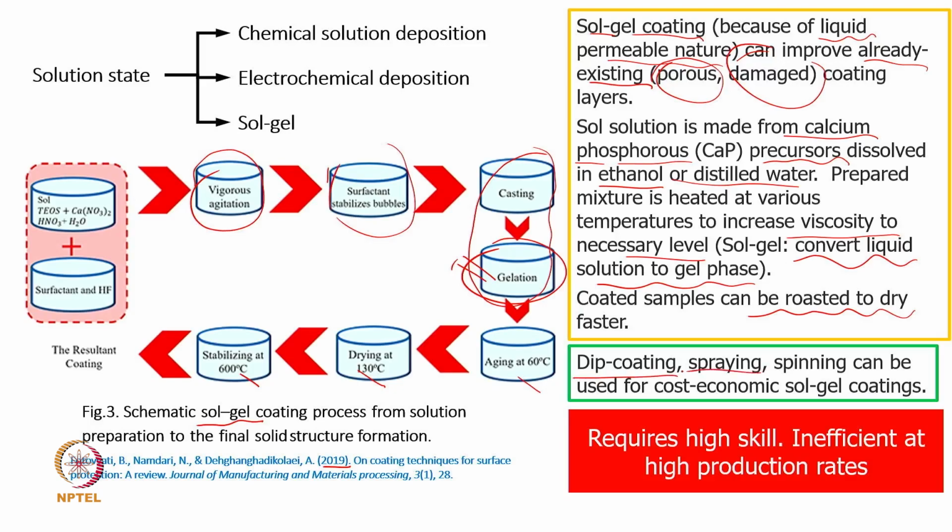We can spray also, even spinning technology can be used. So, these are the technologies which can also be used for the sol gel. Even though we divided them into separate categories, sol gel in one category and dip coating in another, they are more or less the same, they can be mixed together.